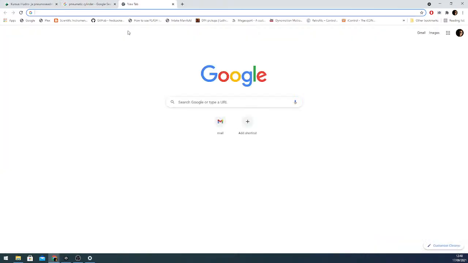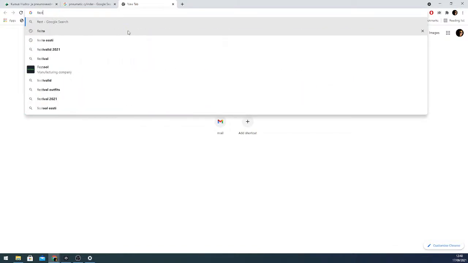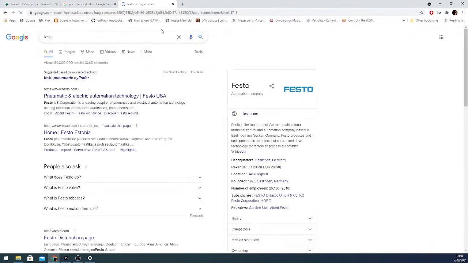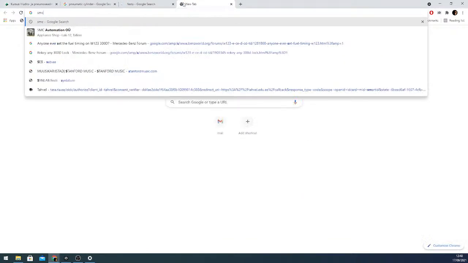So basically in Estonia, the most known providers of pneumatic and hydraulic cylinders are Festo and SMC.